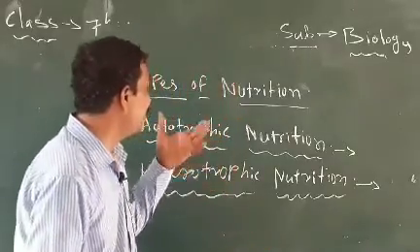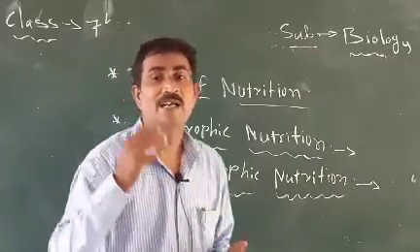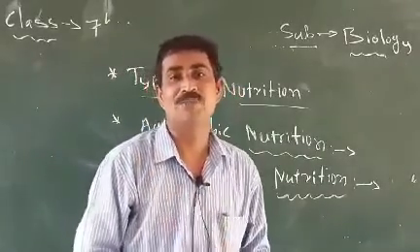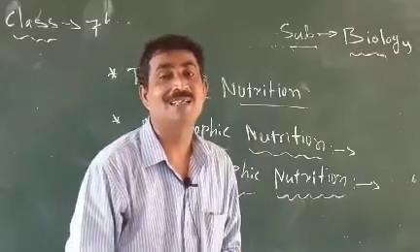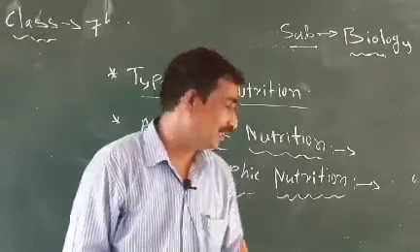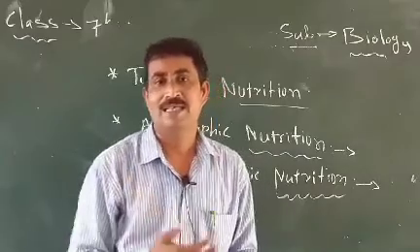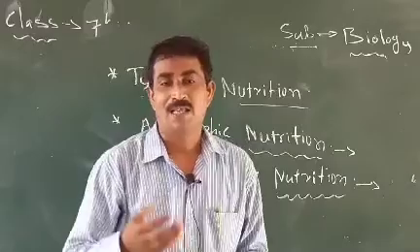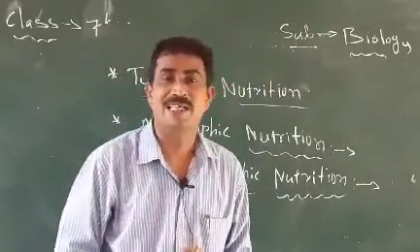Examples of heterotrophic nutrition are non-green plants, which are plants where chlorophyll is absent. Examples include mushroom, and also the pitcher plant, which has another name, insectivorous plants.